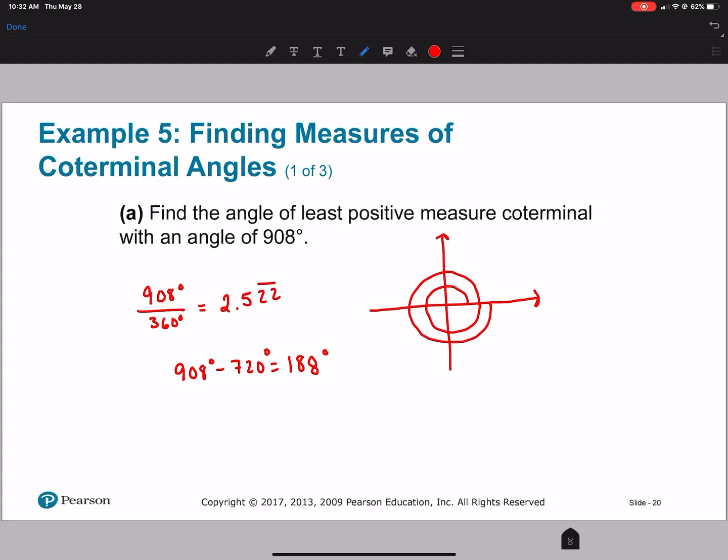So therefore, I would be able to go around 180 and then 8 more degrees. So it'll be 188 degrees. So just keep that in mind. So the least positive coterminal angle is 188 degrees.